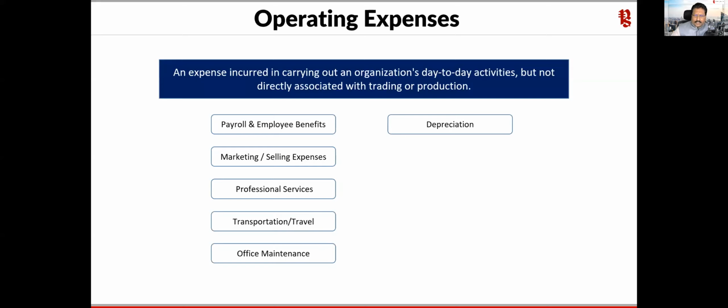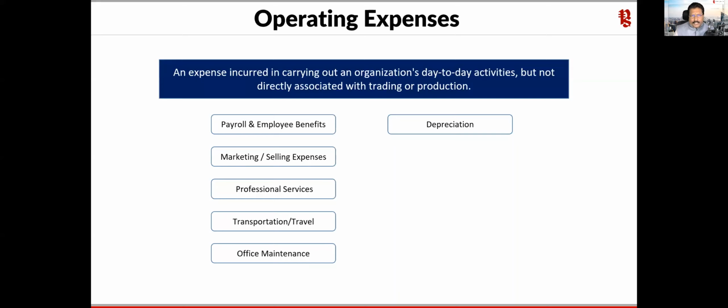Then comes your depreciation. So, what is depreciation? See, basically, income tax allows, even the Companies Act, the private limited company and public limited company, they also allow the businesses to provide for depreciation. So, first, let us try and understand what this depreciation is all about.